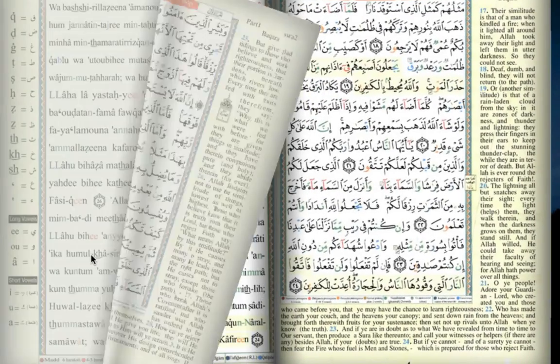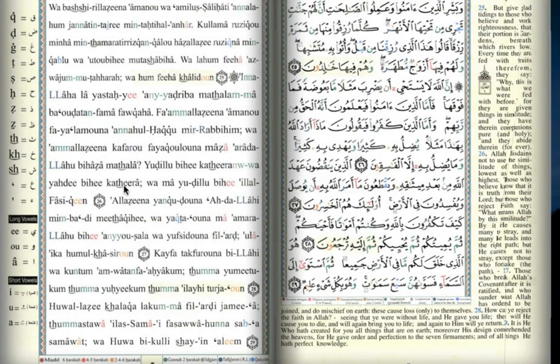Go to the next page. Skip a couple pages. Okay, well, that's the basic rule: one of those 6 letters comes after your Noon Sakinah or your Tanween, and it will cause the Noon to be pronounced clearly, just one harakat, real simple. That's it. You don't do anything, just really clear.